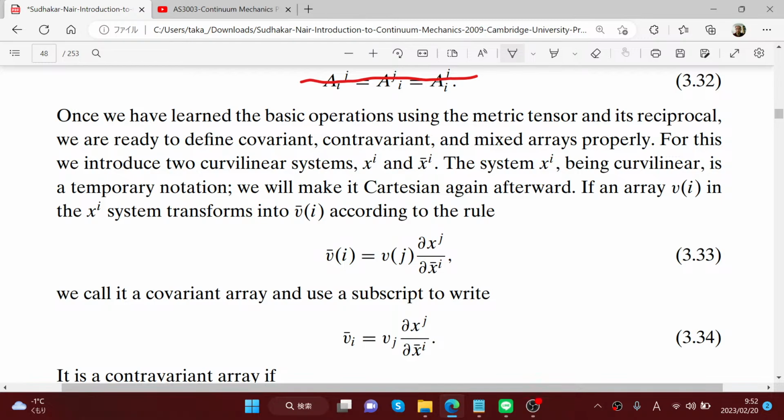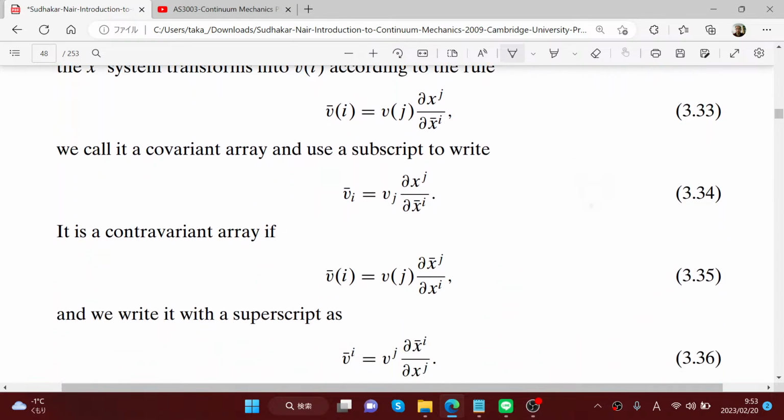We can make it Cartesian again afterward. If an array Vi in the xi system transforms into V bar i according to the rule V bar i equal Vj partial xj partial x bar i, we call it a covariant array and use a subscript to write. It's complicated.